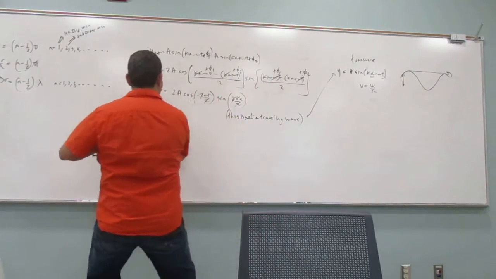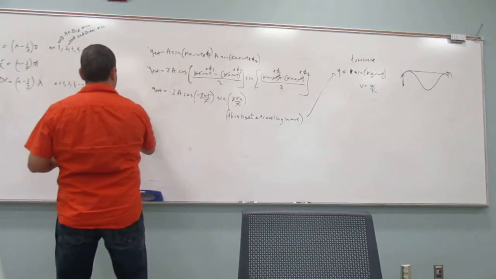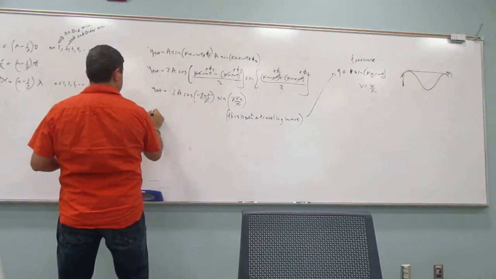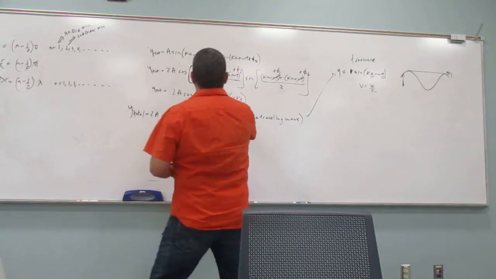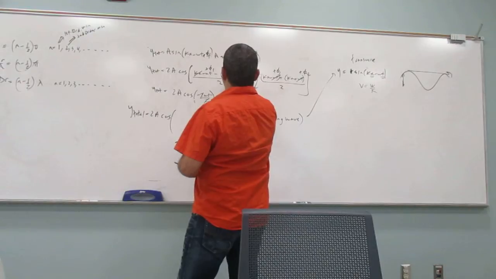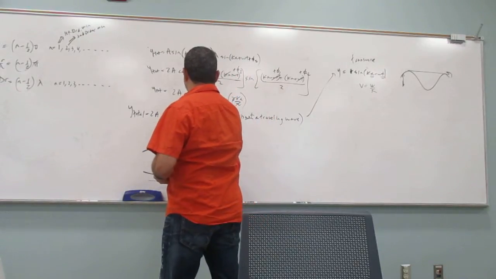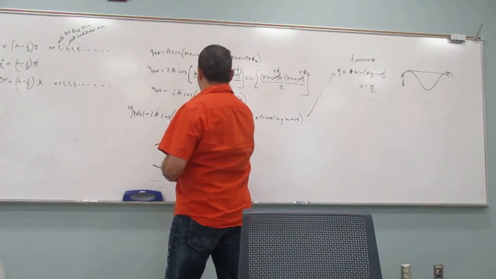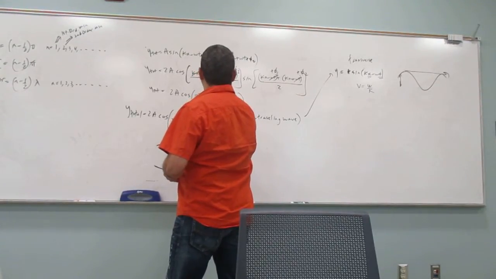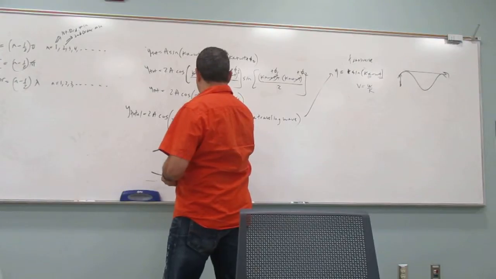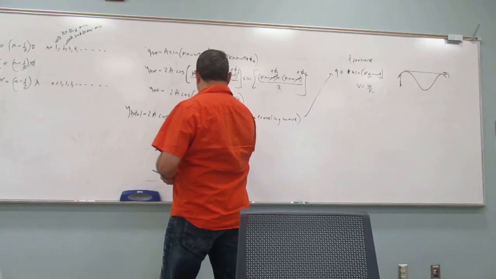So the more general result would be what? So negative omega t minus omega t, so that'll be negative 2 omega t on the top, then plus phi 1 minus phi 2, right? Over 2.